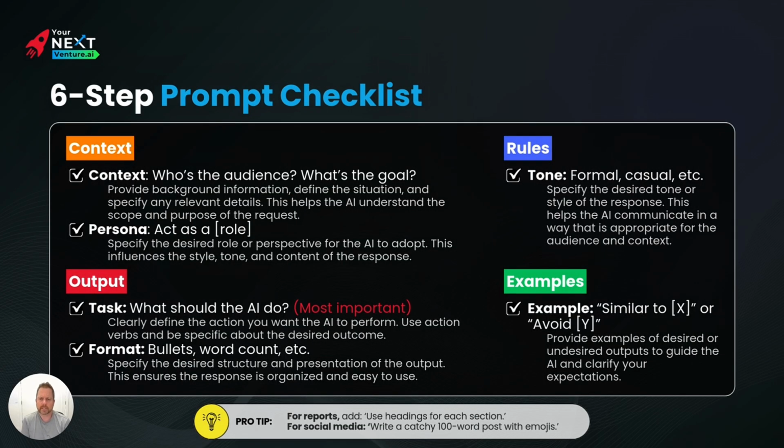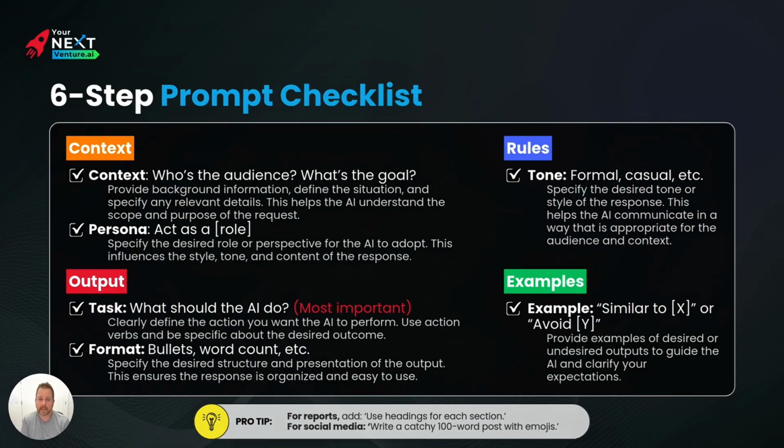This checklist breaks down the 6 key elements in an effective AI prompt and aligns them into an easy to remember core framework. Let's go through each step to see how they work together to create clear, actionable prompts. So, first up, context. Think of this as the foundation of your prompt.